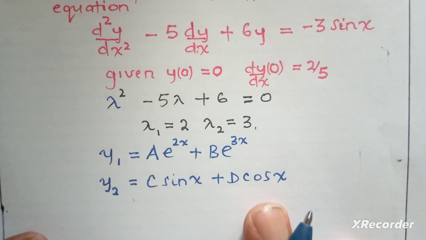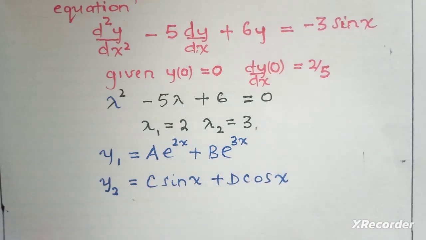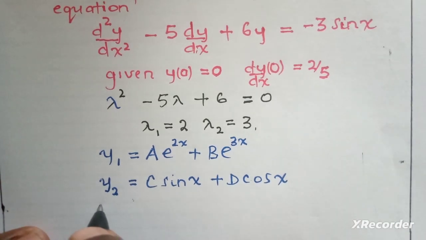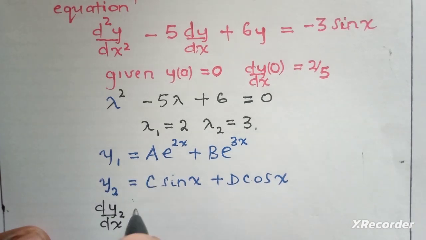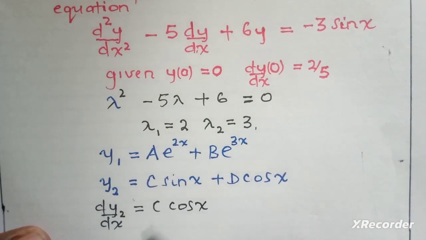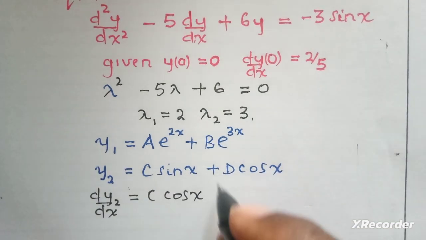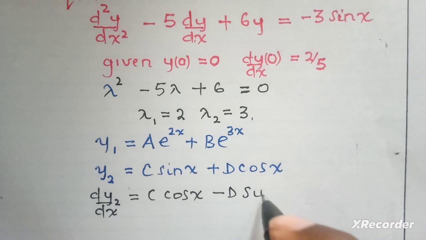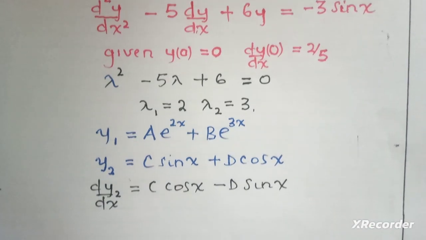From there now guys, we can find the differentiation of y2. So dy2 over dx will give us c cos x minus d sine x, like that guys.